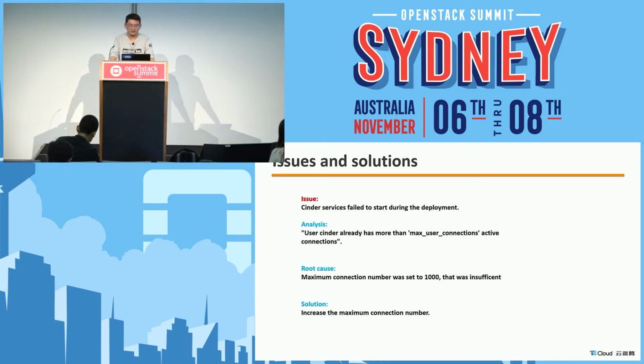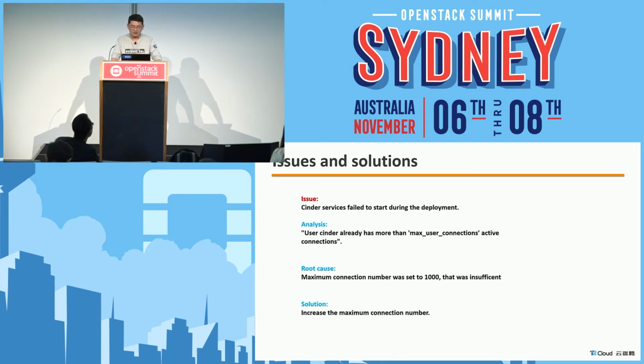The next issue is that Cinder service failed to start during the deployment. From Cinder's API log, we found the error message: Cinder already has more than max user connection active connections.